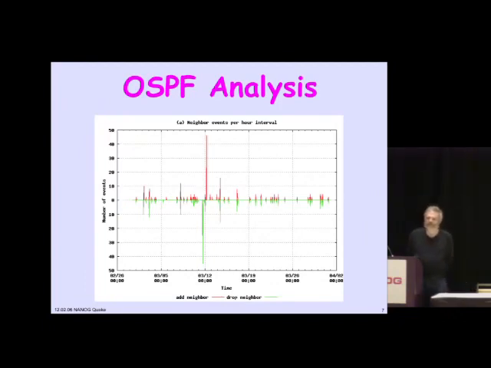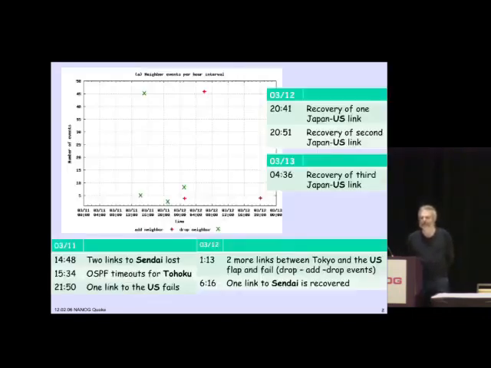In Asia, usually red is good and green is more neutral, so don't get fooled. What you're seeing is neighbor adds as the red going up, neighbor drops as the greens going down. You can guess when the events are, and that's about what it looks like from OSPF at an overview.